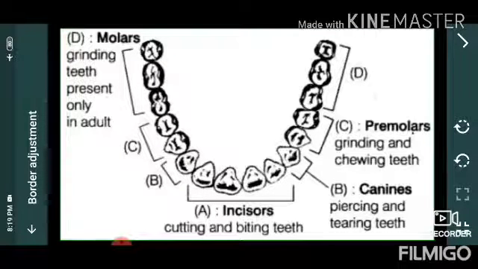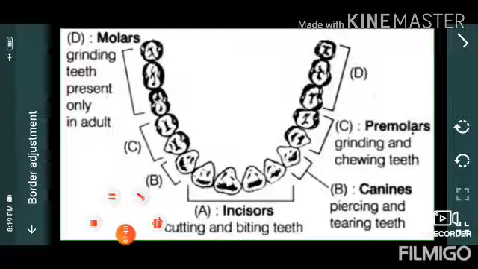Then the molars are 3 plus 3 into 2, that is 6 into 2, which is 12. So 12 plus 8 is 20, 20 plus 4 is 24, and 24 plus 8 is 32. So when you are grown up, you will have a total of 32 teeth.